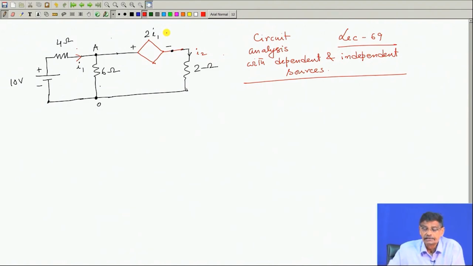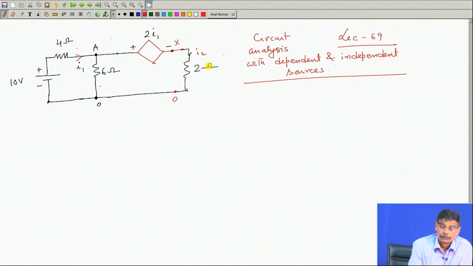Now, one important thing I would like to tell. Suppose this point I call point x, and this point is O. Across x O a 2 ohm resistor is connected.